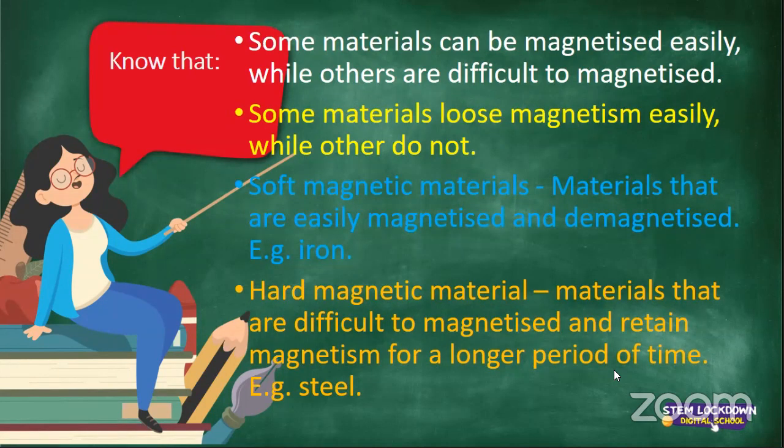For instance, steel. I hope we all know the difference between steel and iron. Iron is a pure metal, the element iron, and steel is a combination of iron, chromium, and a certain percentage of carbon.